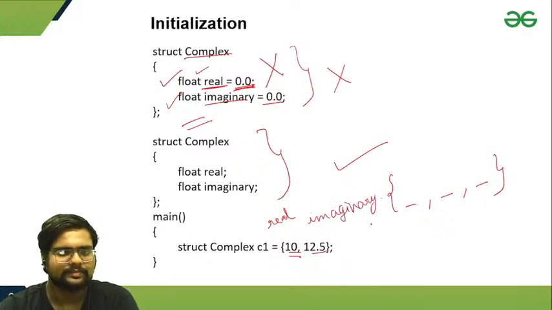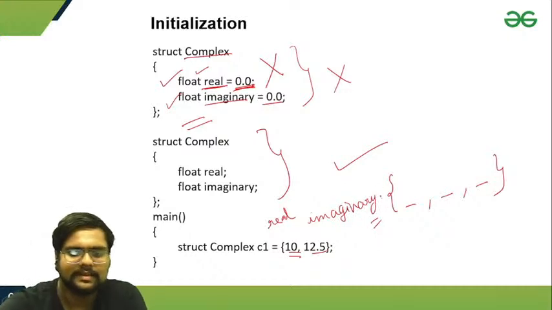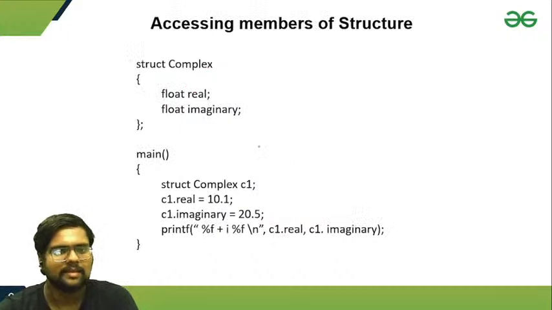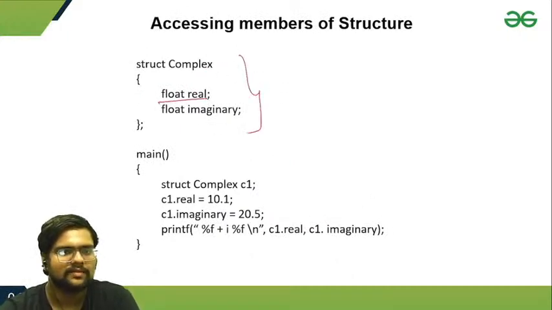So let's see how we can access the members of our structure. Here we have defined a structure which contains two variables, real and imaginary part. To access the members of this structure, we have c1 of type complex, and we can use the dot operator.